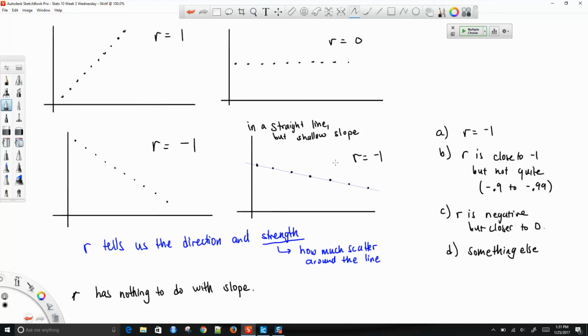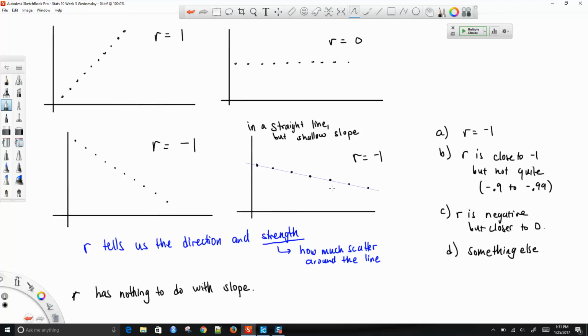We've only observed people with 2 kidneys. That variable is not going to give us much insight. So r has nothing to do with slope. It's entirely direction and strength.